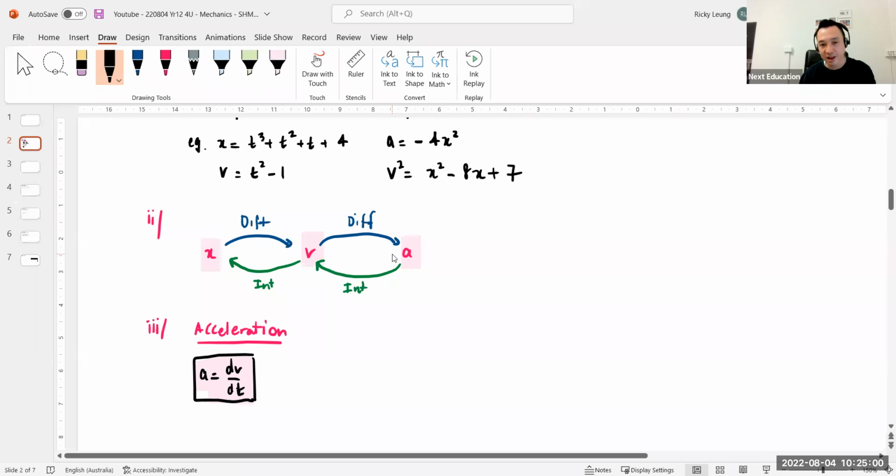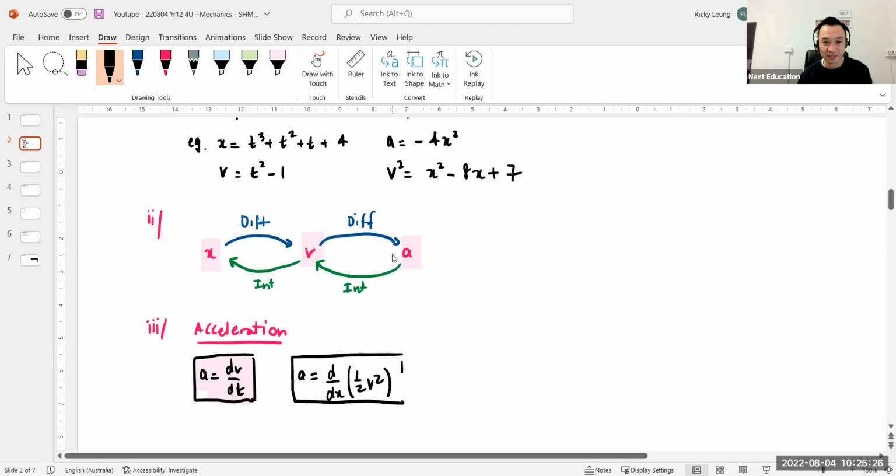However, in 4-unit maths, there are 2 more formulae for you to use for acceleration. Now, you can go ask your teacher or textbooks to prove it. I can prove it quite simply, but for this lesson, take it for granted that acceleration can also be d/dx of half v squared, right?